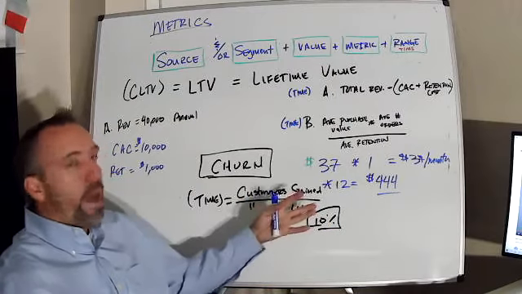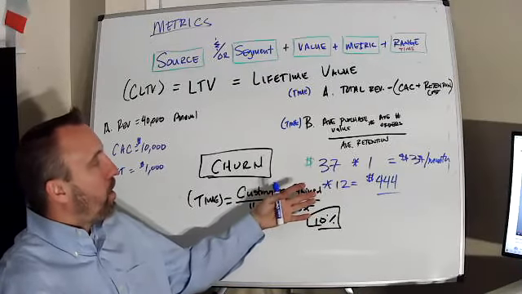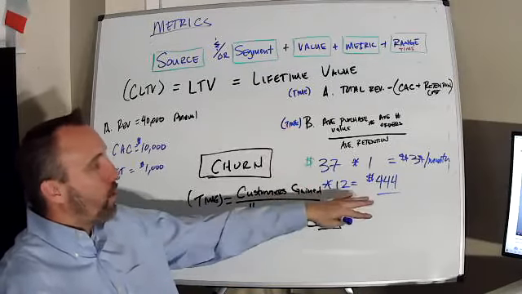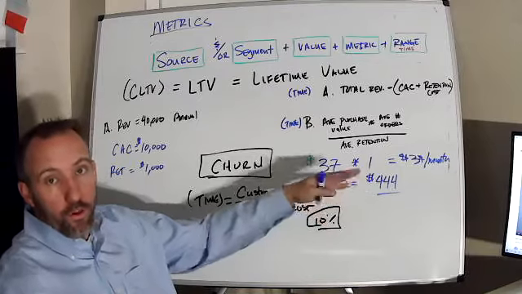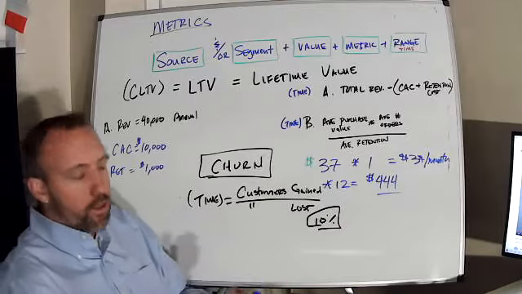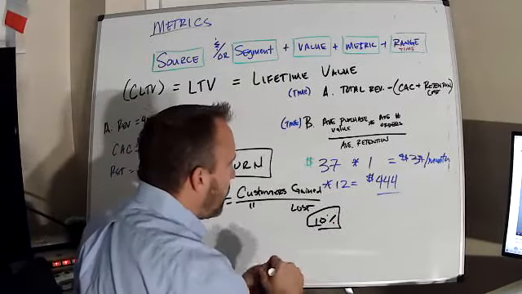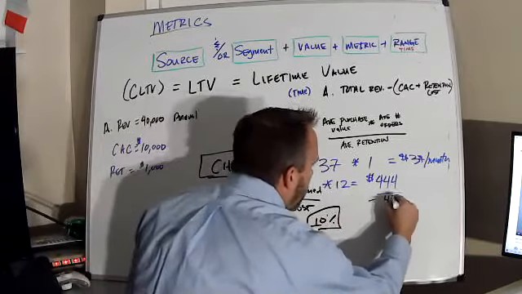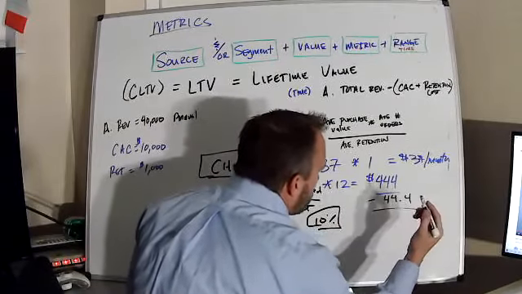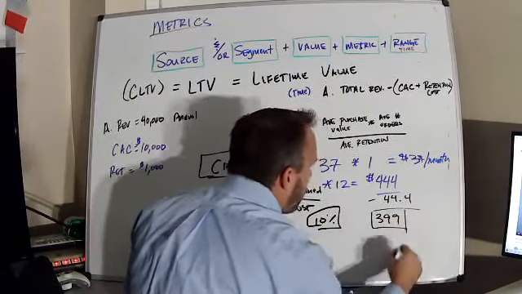So with that, we could take our churn rate and multiply it by our average customer value, lifetime value, at least for a year, and that'll give us an idea of what a customer is worth. So if we lost 10% of our customers, we can take this times 10%, subtract that, minus 44.4, which is $399, plus or minus $400.